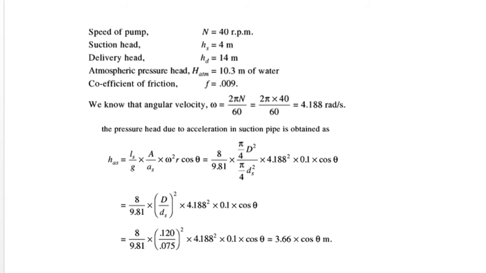Capital A is equal to pi by 4 D square. As is equal to pi by 4 ds square. Omega square we had calculated here. r is given in the question, 0.1, into cos theta. Capital D and ds are also given in the question. So with the help of all these values we can get the value of acceleration head in terms of theta. This value HAS depends on the value of theta.